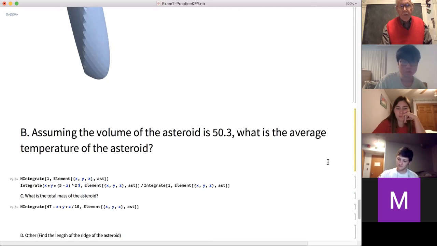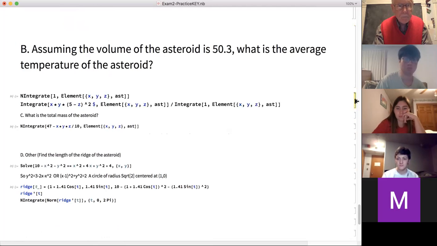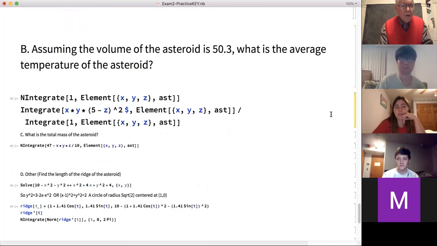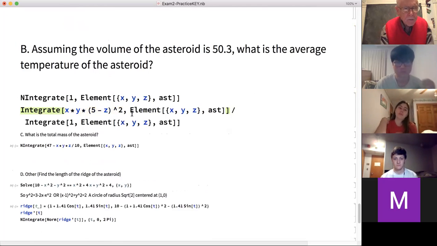So assuming this is the volume, how do you find the average temperature? Here is the first one, here is the volume. You're integrating the 1 over the asteroid. This is the temperature function, I trust. It's got a dollar sign in there, which is a bad idea.